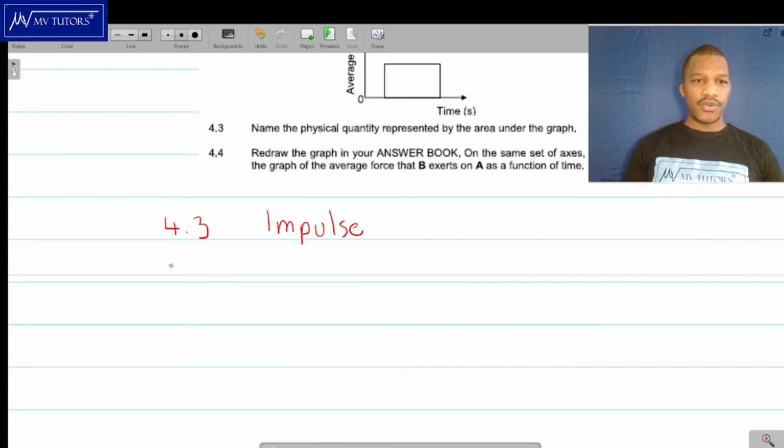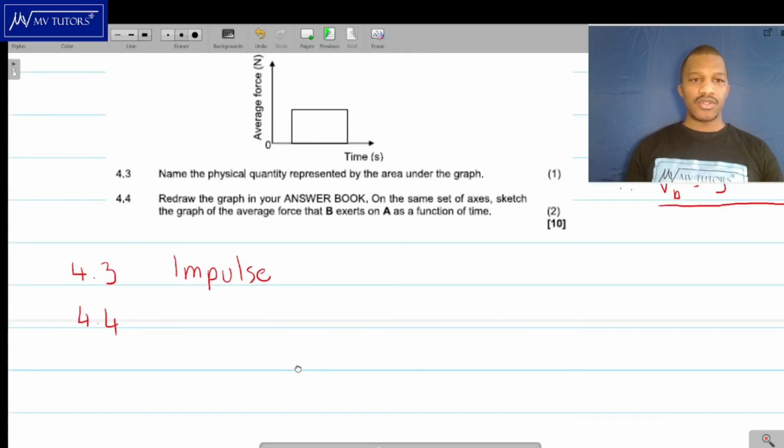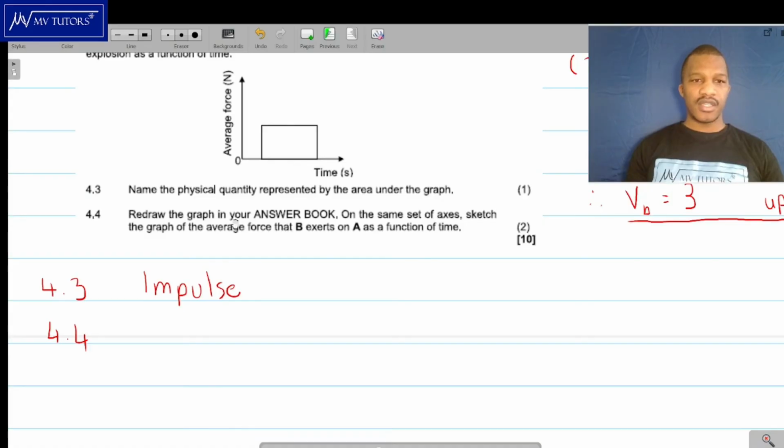Now let's go to 4.4. What does it say? It says, draw the graph in your answer book on the same set of axes. Sketch the graph of the average force that B exerts on A as a function of time.